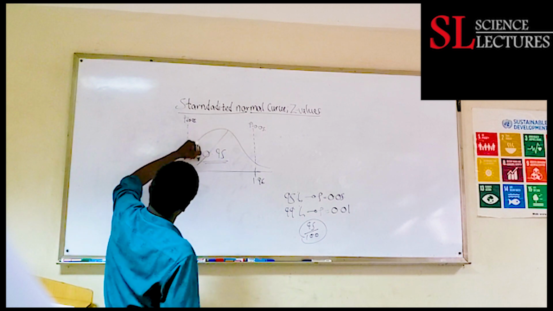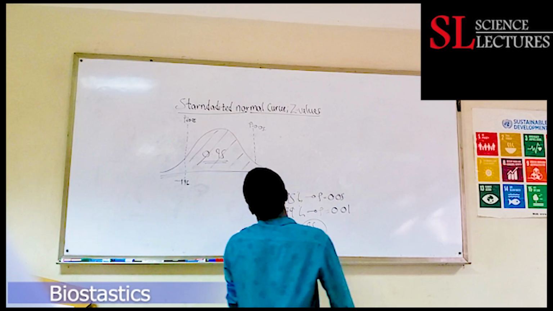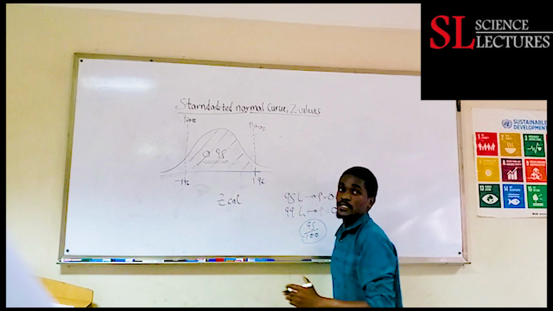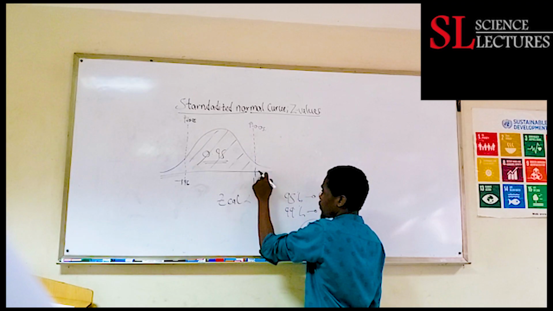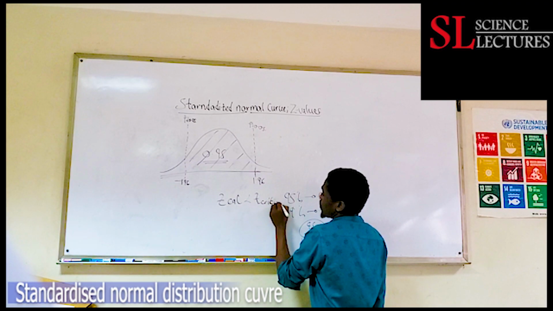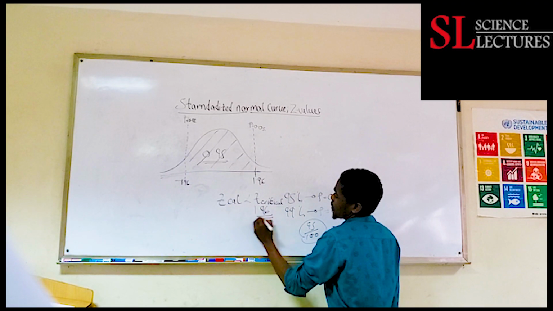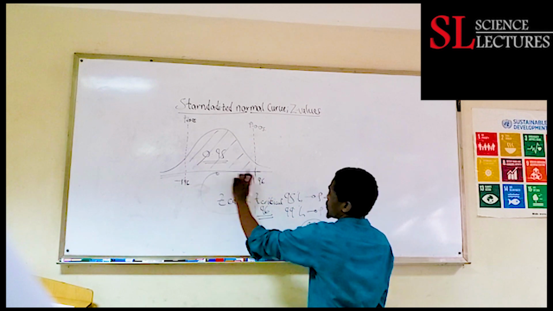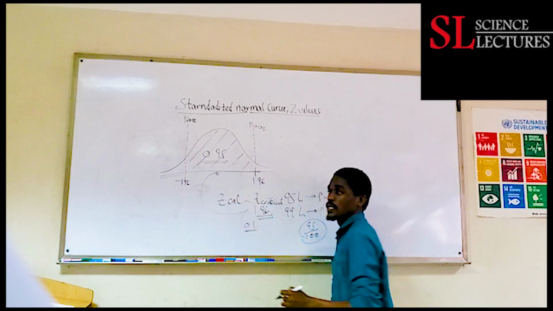So if we get a value inside this region, let's say we calculate a z value, and my z calculated, z-cal, is less than the z critical, in other words, my z-cal is less than 1.96, that means the value is inside the curve because it is less. Imagine we have something like 0.1, it will be inside the curve.